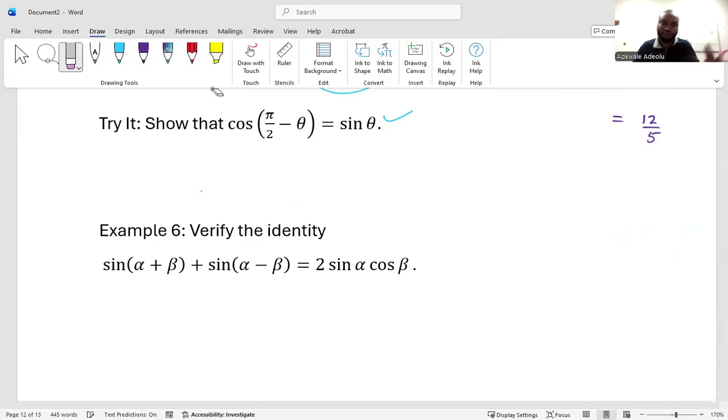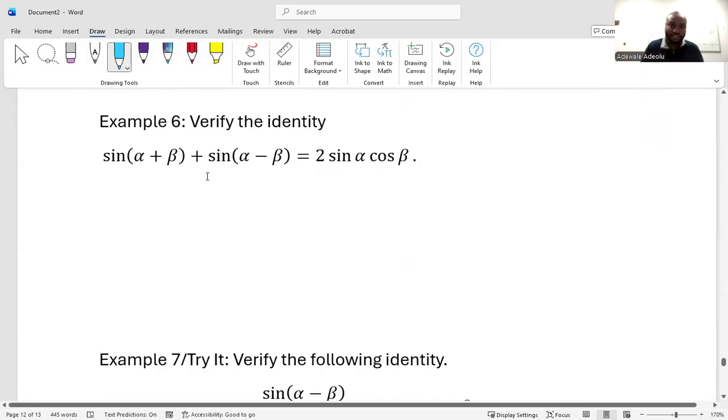So just use the formula for cosine of the difference of two angles, and in the end, you show that your answer is sine theta. Again, this is a situation where we say show, that is, verify that the left-hand side is equal to the right-hand side. So take the left-hand side, use the formula, do something, and in the end, your answer should be sine of theta.